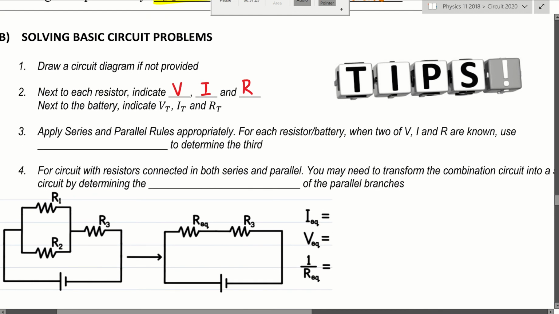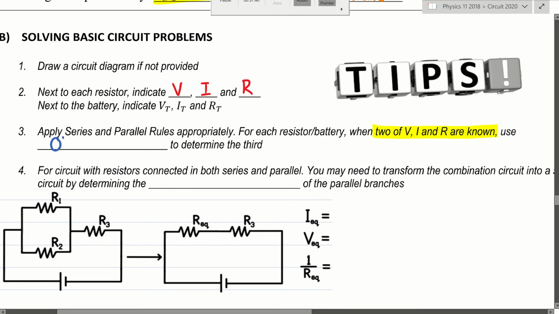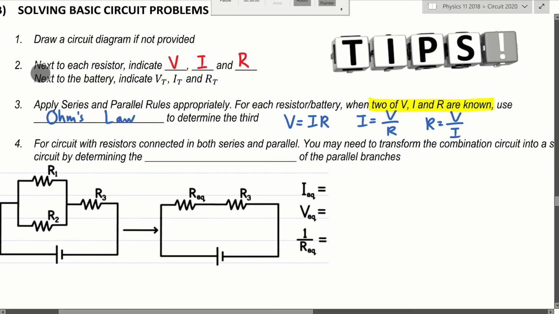If you know 2 out of the 3 between V, I, and R, you can use Ohm's law to solve for the last one. V equals IR, or I equals V over R, or R equals V over I, etc., right? If you know 2 out of the 3, solve the third one with Ohm's law.